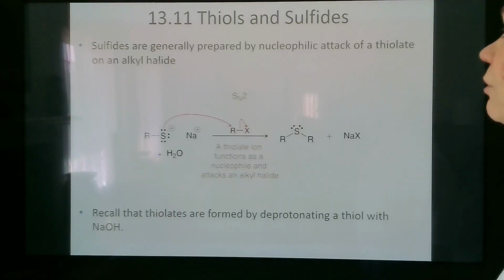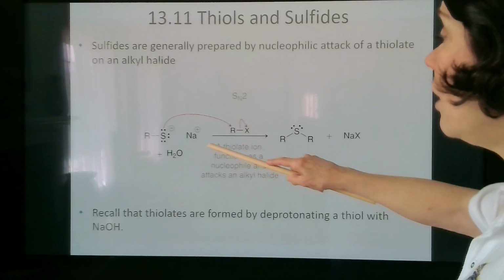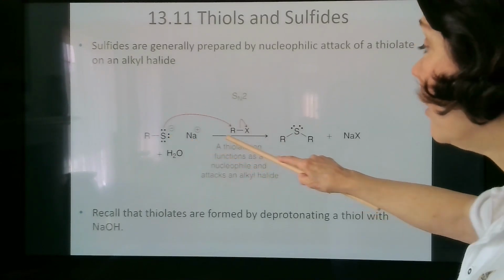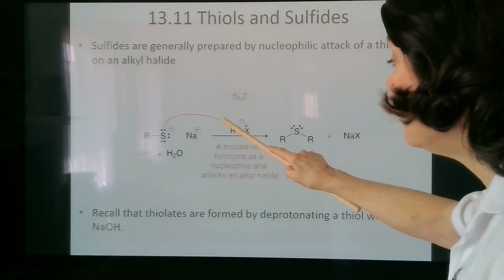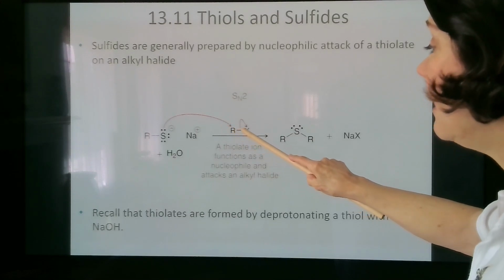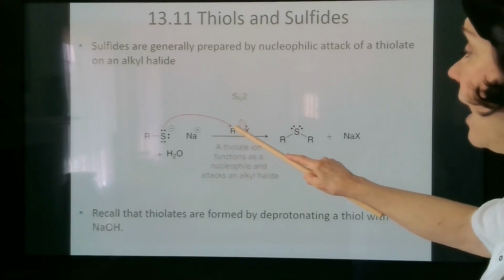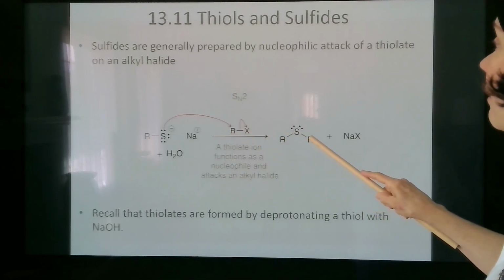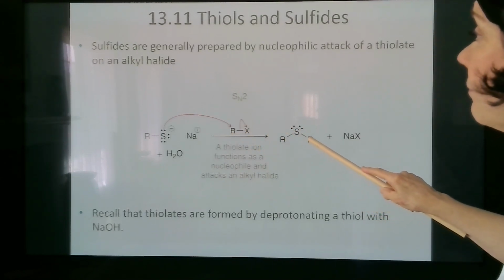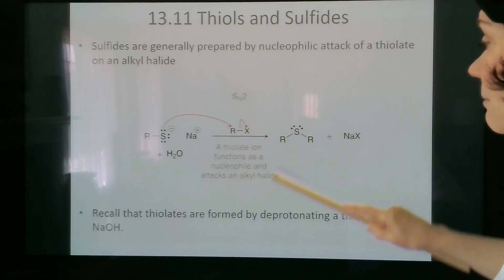Sulfides are generally prepared by nucleophilic attack of a thiolate on an alkyl halide. So S- does a backside attack. This is an SN2 reaction, and it creates the sulfide.